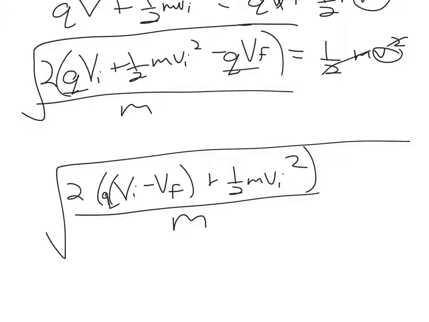Okay, and I can distribute the 2, because that's going to cancel this thing here, and then just put the 2 in front of the Q there.